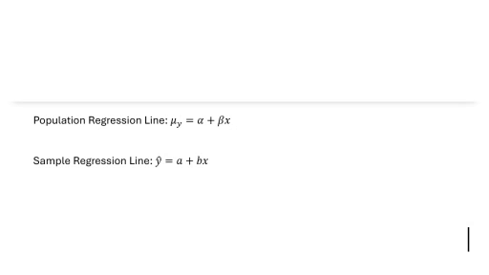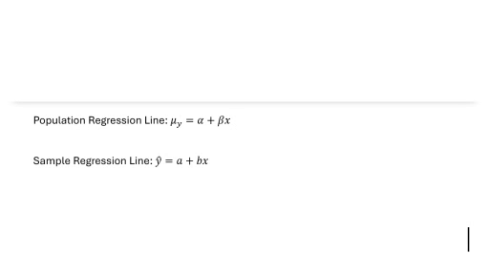So when we do a regression, we're basically taking a sample and creating an equation based on a sample that we can apply to a general population. So you have two different equations here with different variables. You have mu sub y is equal to alpha plus beta x. That would be the population's regression line, or what the actual regression line would be.